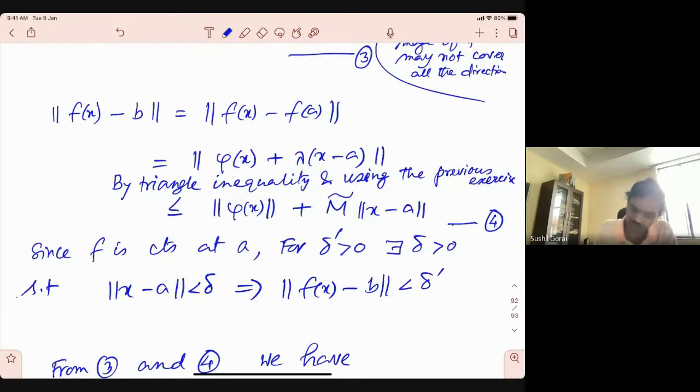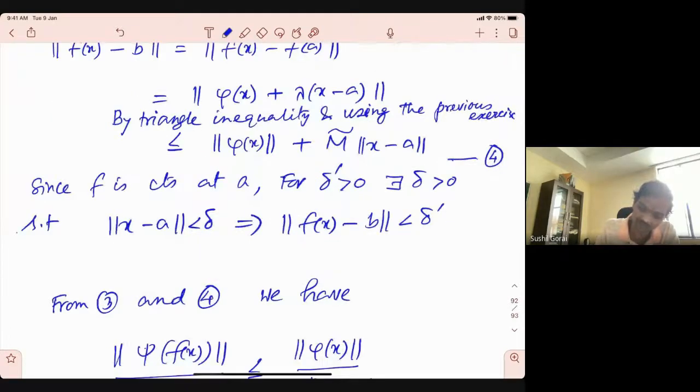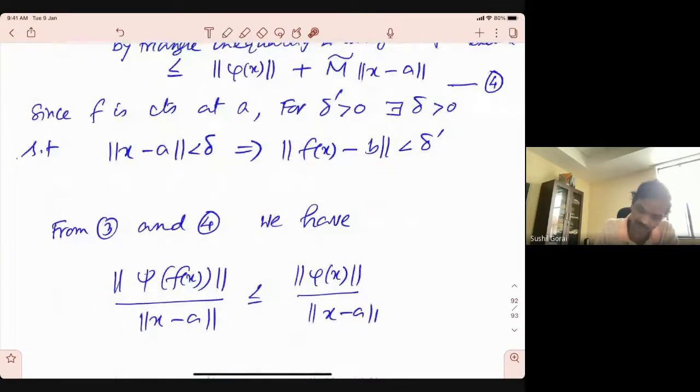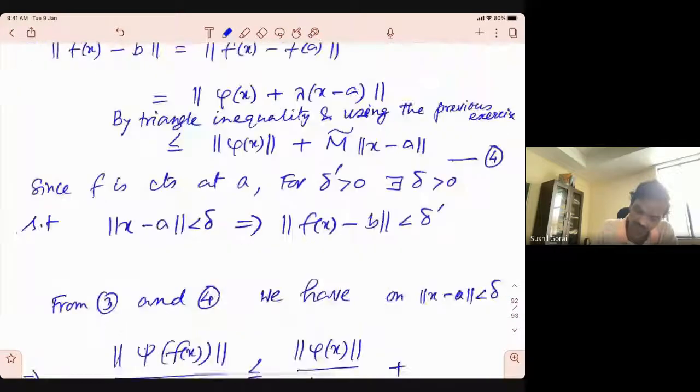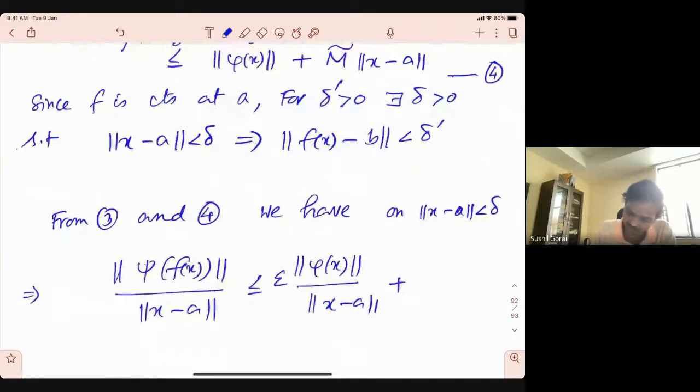All right. So we will take this neighborhood. So on mod of x minus a less than delta, this implies, oh, there is an epsilon m tilde, right? Norm of x minus a gets cancelled.